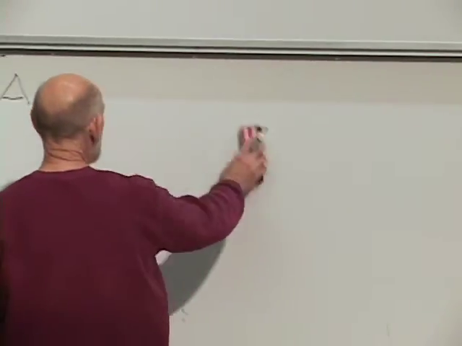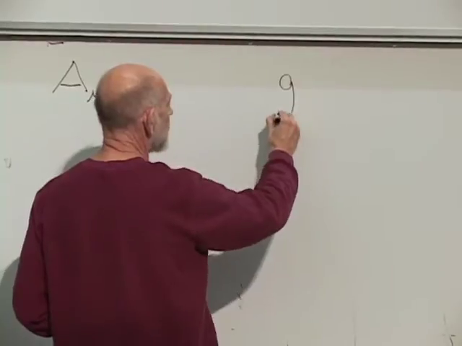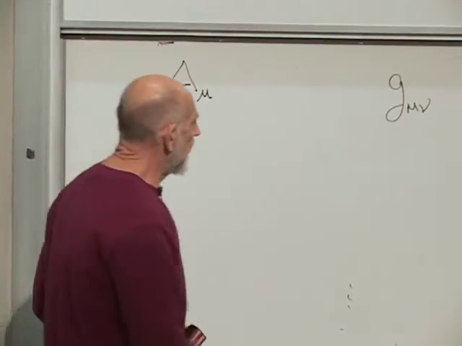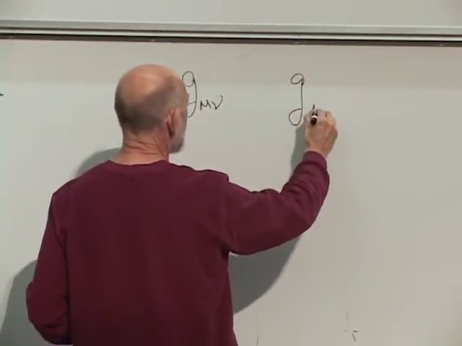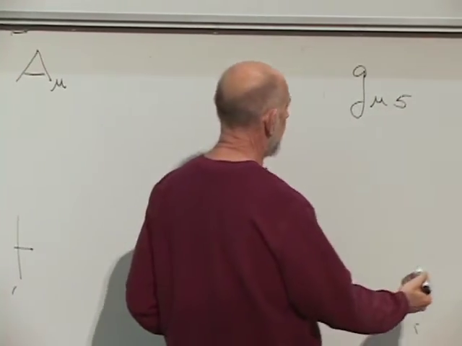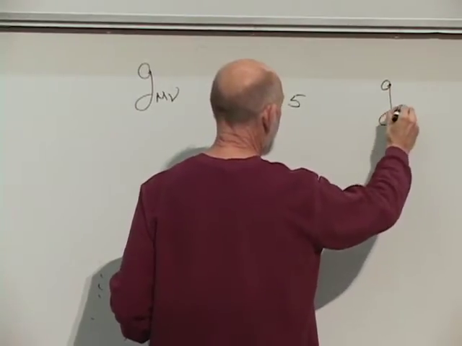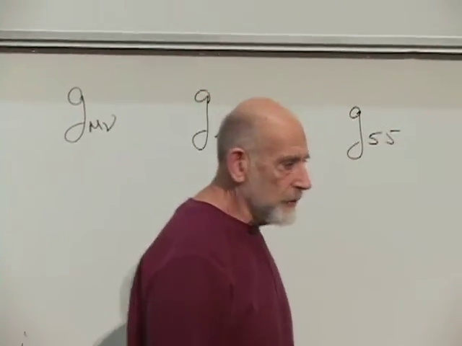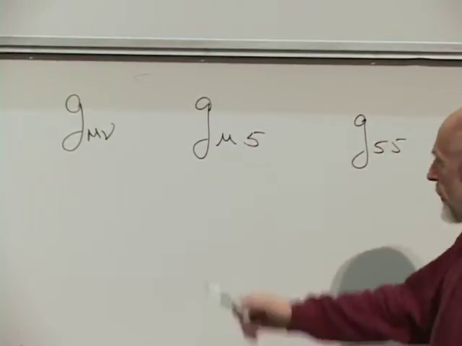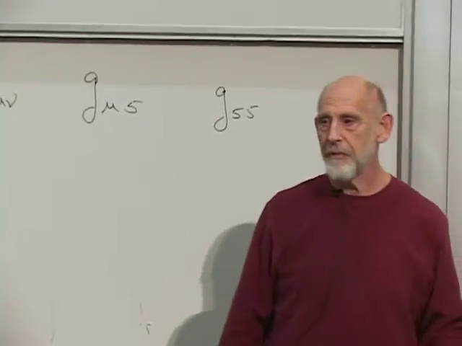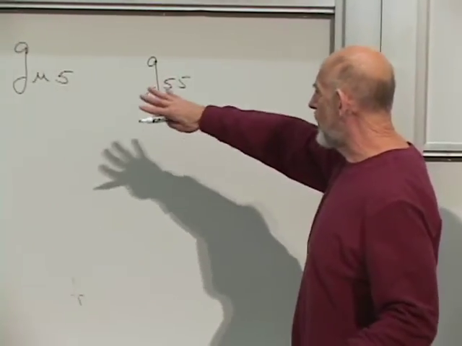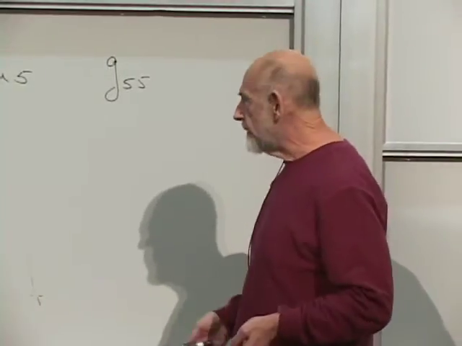So we can write G_MN as having various components. G mu nu, that's the ordinary dimensions, and then G mu 5, where 5 is the extra dimension, and then G 5 5. Those are the components of the gravitational field. What about G 5 mu? I wrote G mu 5, what about G 5 mu? Symmetric tensors, the same thing. Okay, these are the independent components of the gravitational field in 5 dimensions.